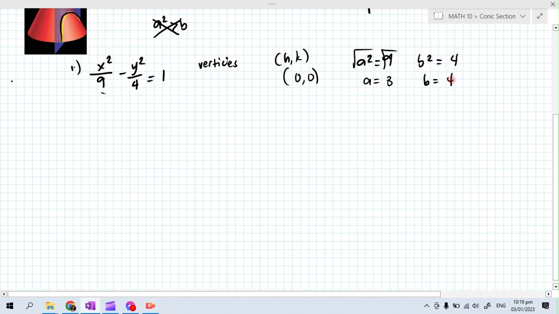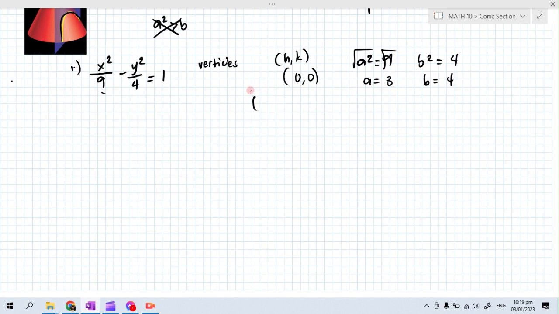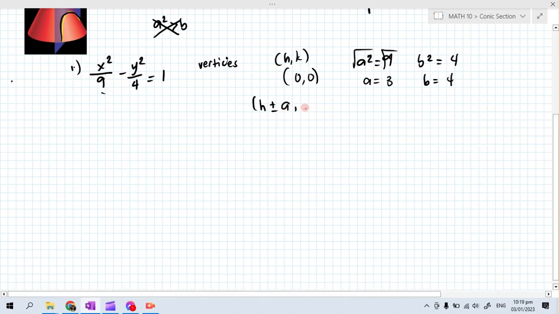Now, to get the vertices of our hyperbola, we just use this formula, since a lies on the x-axis. The formula will be (h plus or minus a, k).